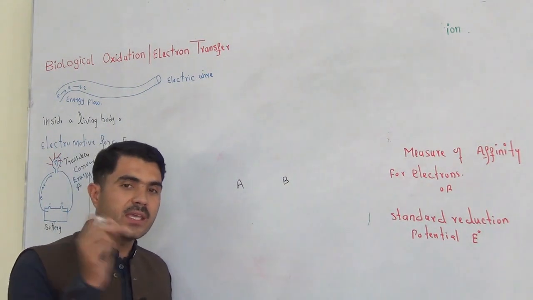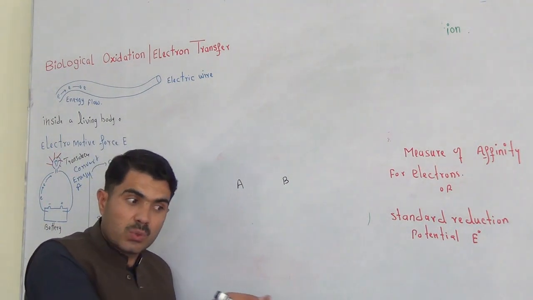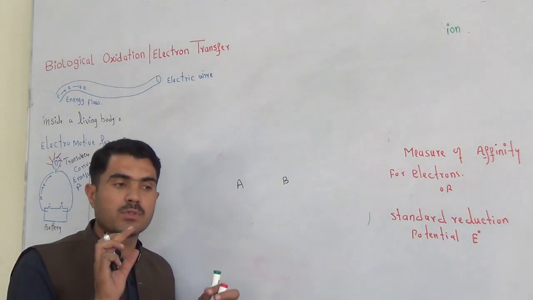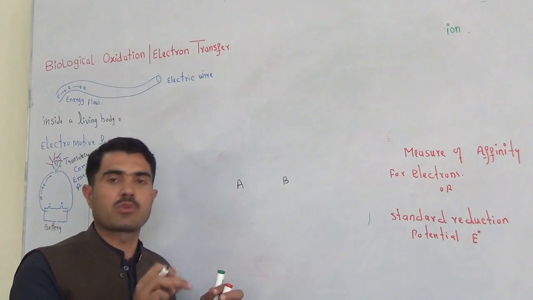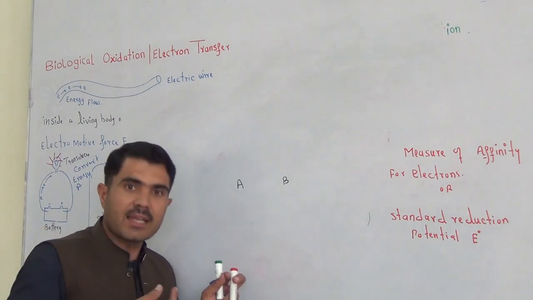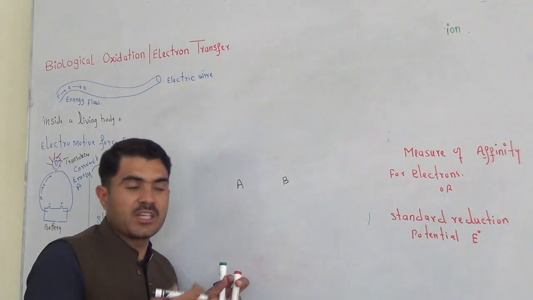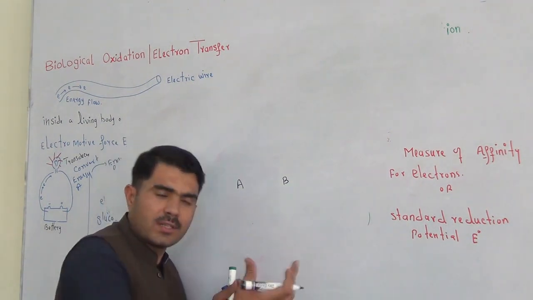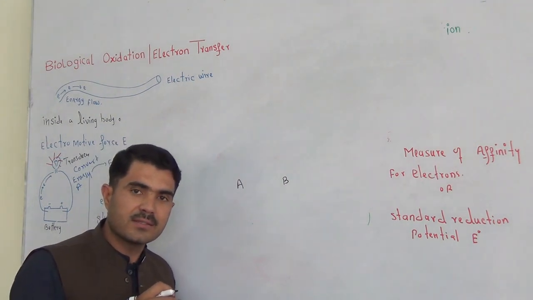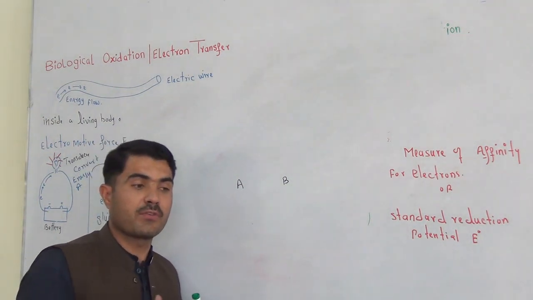That is, either they have a tendency to gain electron or to lose electron. These are the 2 states that every atom or molecule must pass through. If an atom can't get an electron from someone, then it will lose its electron. Then it will have the tendency to lose electron. And if an atom has the tendency to gain electron, then it will be very difficult for it to lose electron.